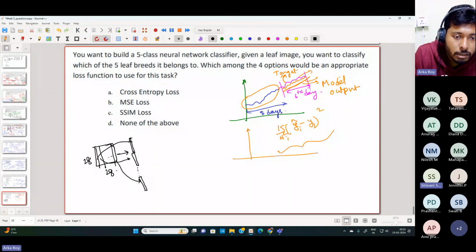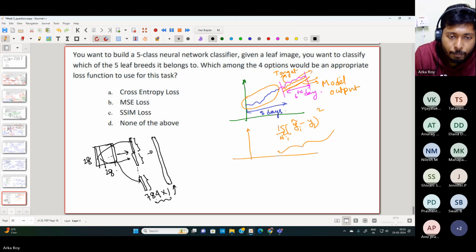So you place 28 feature vectors of 1 by 28, which results in 784 by 1. In total it will look like this, with a shape of 784 by 1.